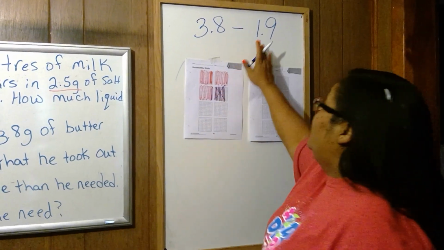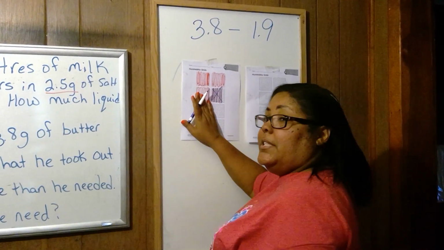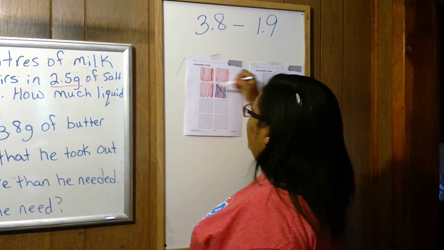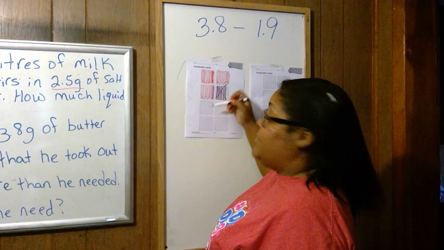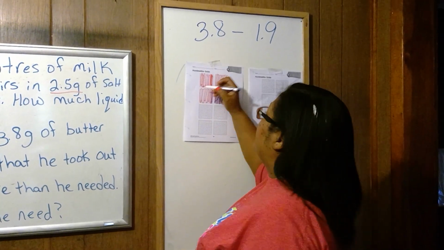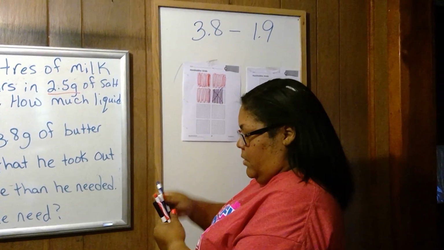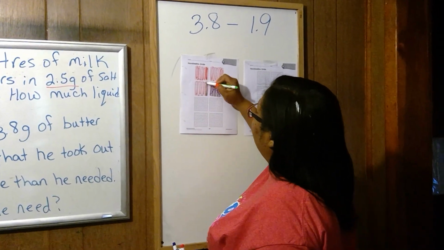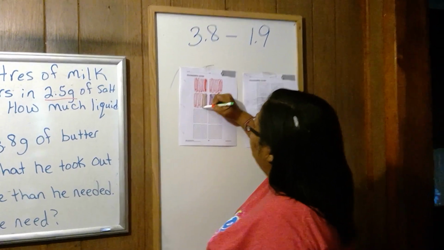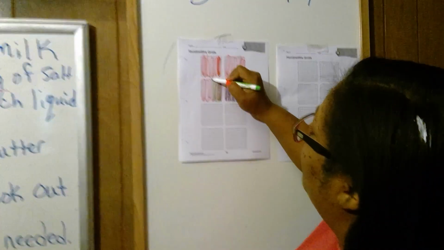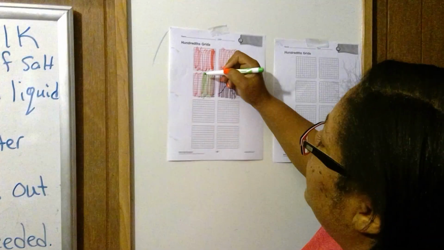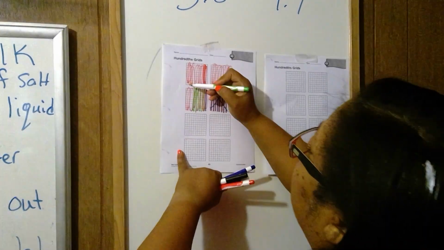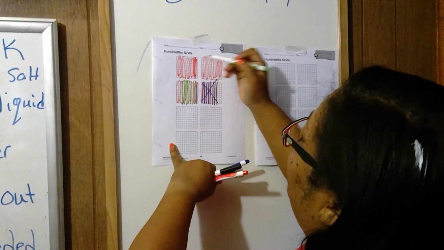Now I need to take away 1 whole. Because this is not a whole, I can go from here. You know that's 10, 10 by 10 makes 100. These are 100 grids. So I'm going to use a different color so I can show you. 1, 2, 3, 4, 5, 6, 7, 8.